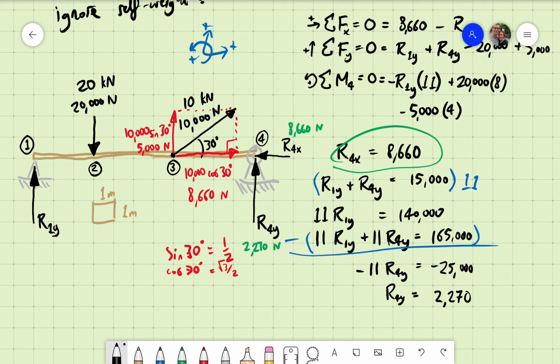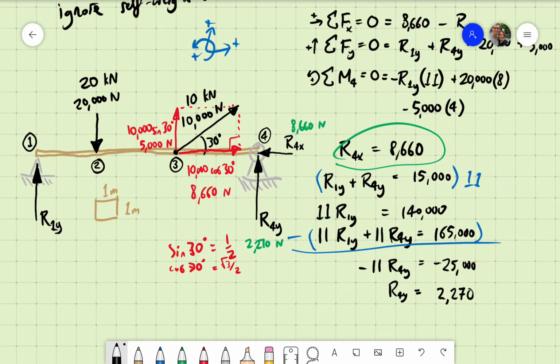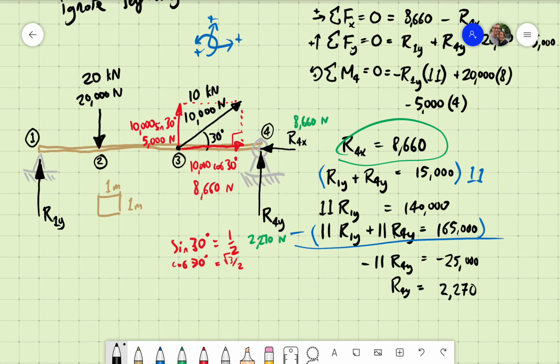So what can we do? You know what? r1y is actually pretty easy. We can use this line right here. We have a simple situation.